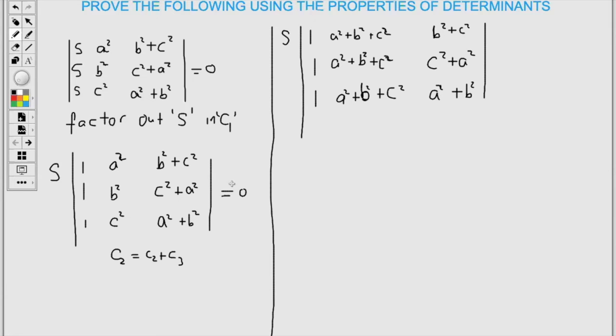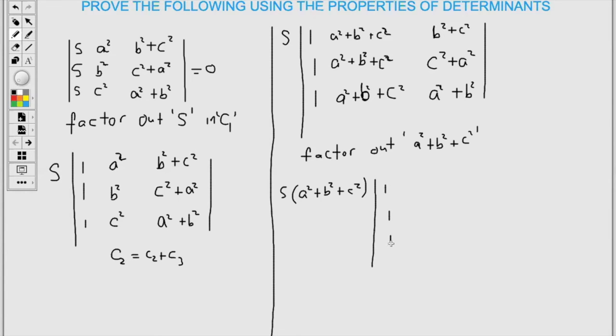Now let me remove equals 0 because we're proving that this determinant is 0. So I'm showing it. My next step is to factor out a squared plus b squared plus c squared. Factoring it out means I'll have another 1, 1, 1 in the second column.